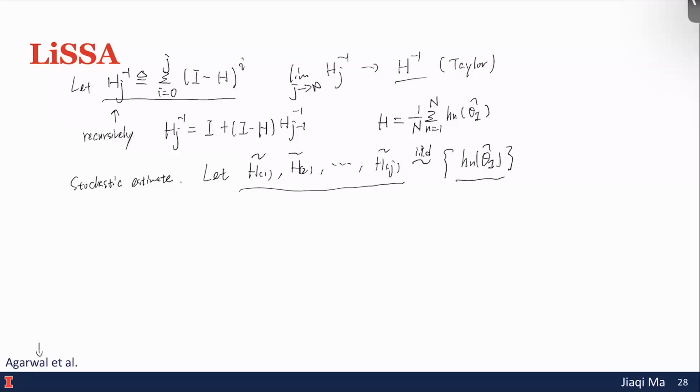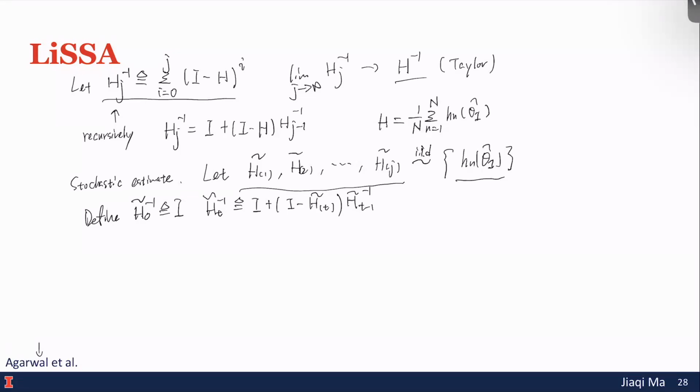Then define H0 inverse tilde as the identity matrix, and recursively Ht inverse tilde equals I plus (I minus Ht tilde) times Ht minus 1 inverse tilde.